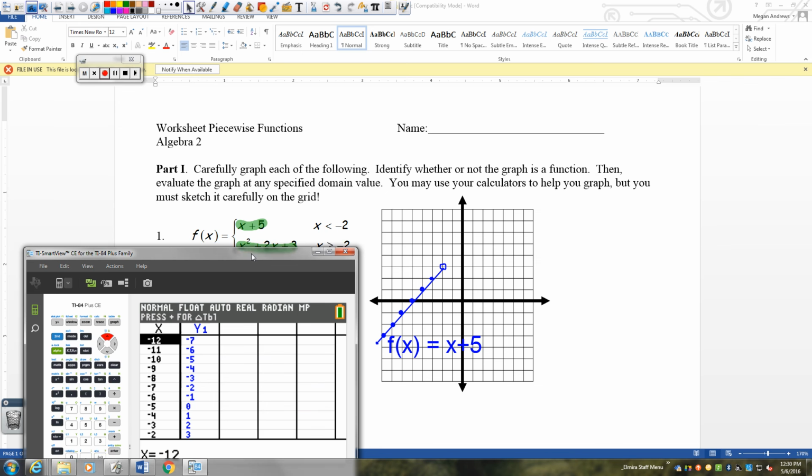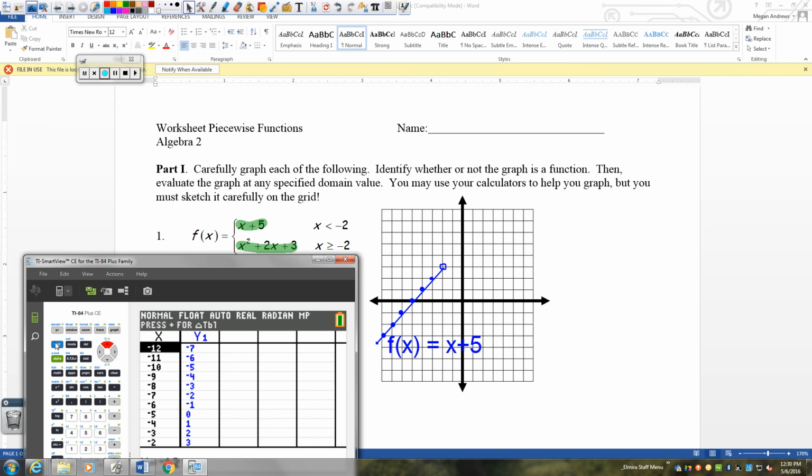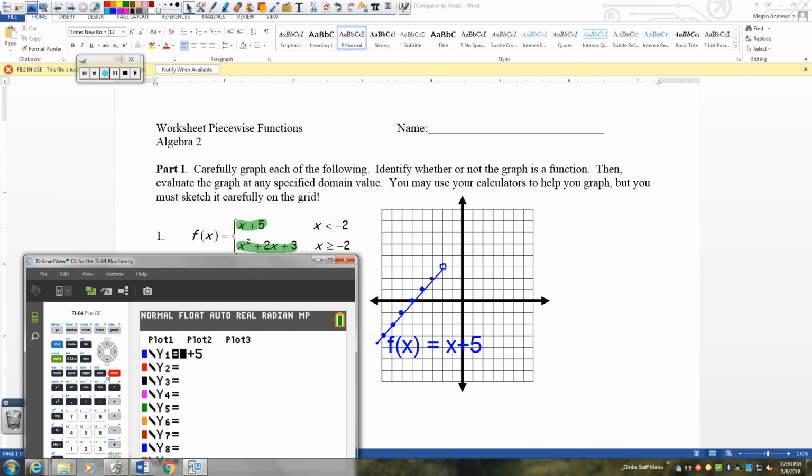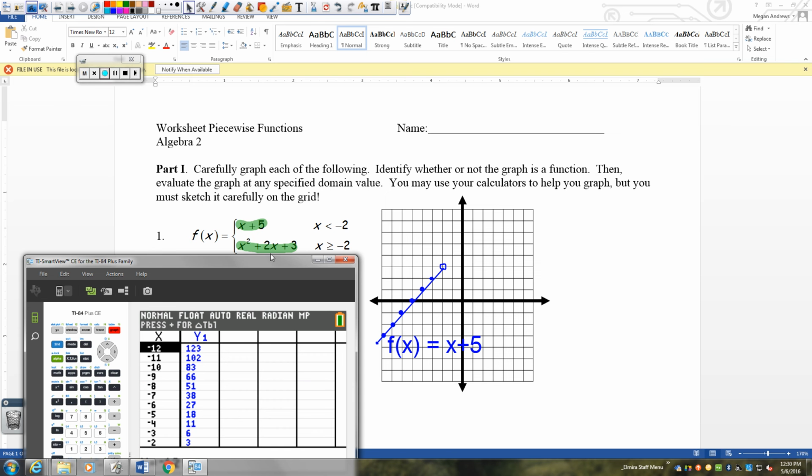Okay, then the second part is x squared plus 2x plus 3. This time it wants everything from negative 2 and greater, so I have to scroll through my x values to get those kinds of numbers. So starting at negative 2.